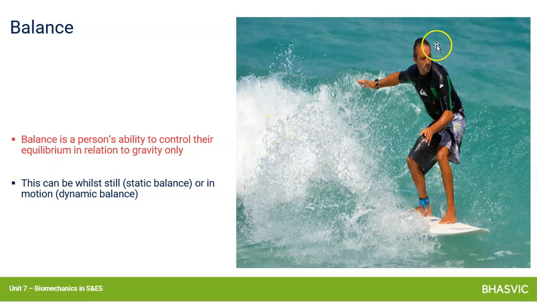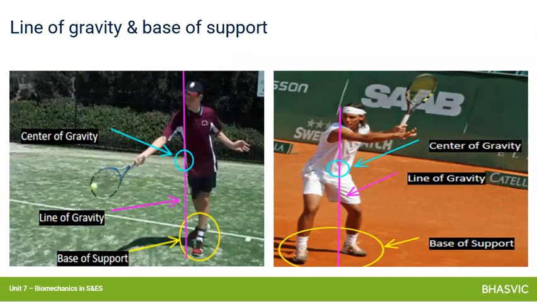Surfer, obviously, is needing to keep their centre of mass and the line of gravity within their base of support, the 2 feet positions, also whilst travelling along on the board on a wave. And so they use their arms to spread out to try to assist them to keep balance.